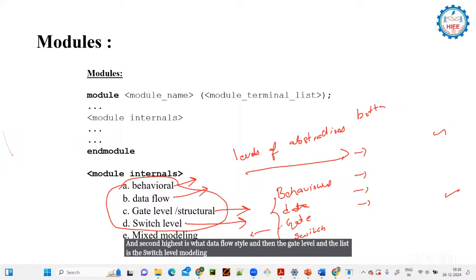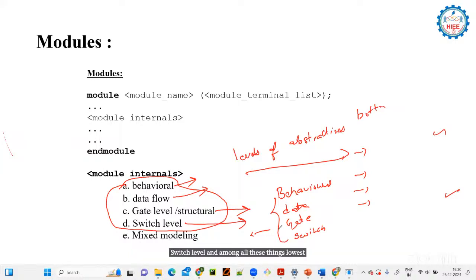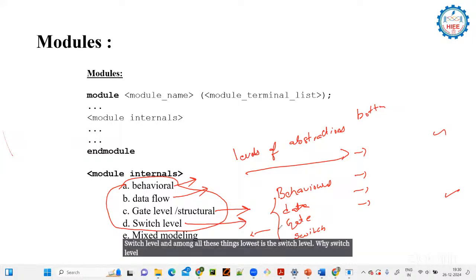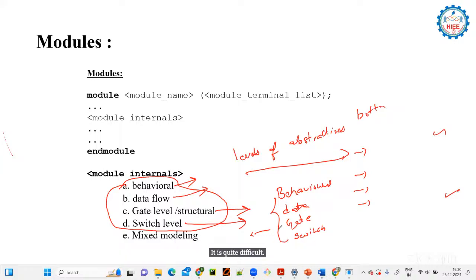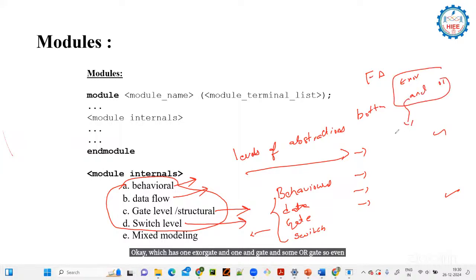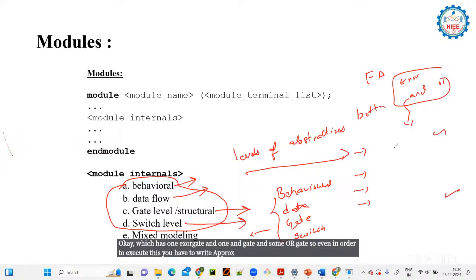So in Verilog, broadly there are four modeling styles: behavioral, data flow, gate level, and switch level. Among all these, lowest is the switch level. Why is switch level lowest? Because it is quite difficult. Just to implement the functionality of a full adder, which has one XOR gate, one AND gate and some OR gate, you have to write approximately more than 60 lines of code.